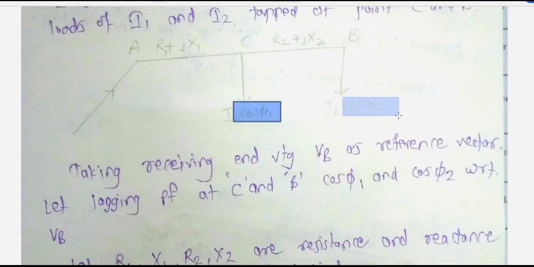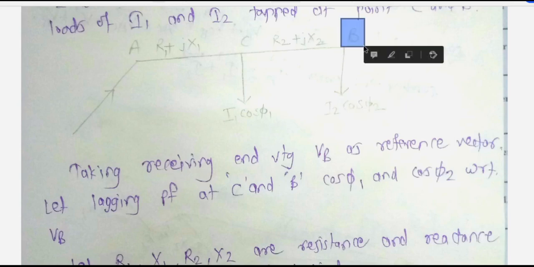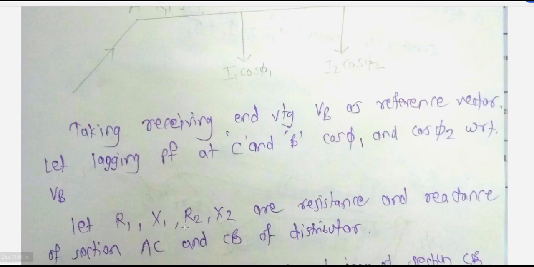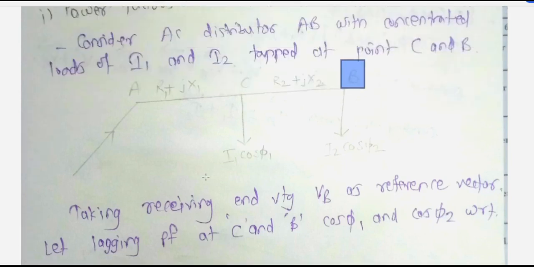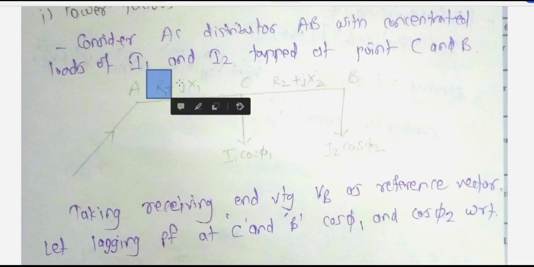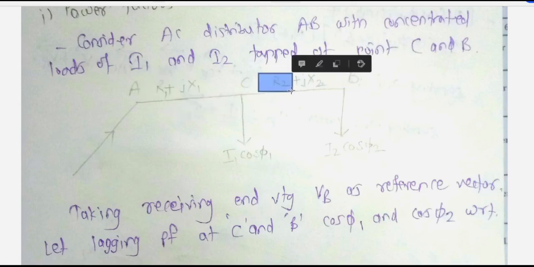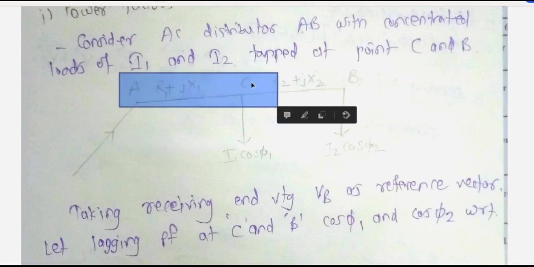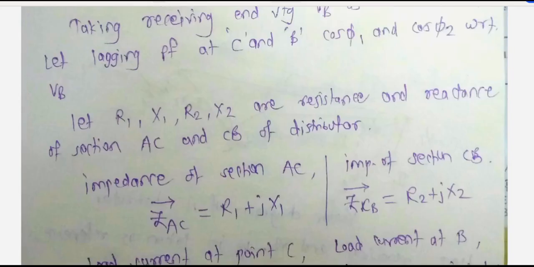So these cos phi 1 and cos phi 2 are lagging in nature with respect to the voltage at point B. Let R1, X1, R2, X2 be the resistance and reactance of the sections AC and CB of the distributor respectively.